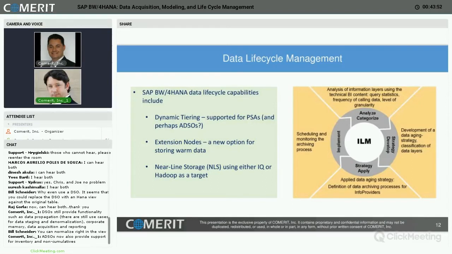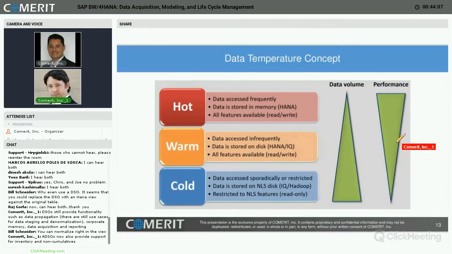It's simpler than dynamic tiering, with many of the same benefits. We'll talk about that in the next slide. In addition, there's nearline storage using either IQ or Hadoop as a target, and then of course there's always traditional archiving. So let's move on to the next slide here.